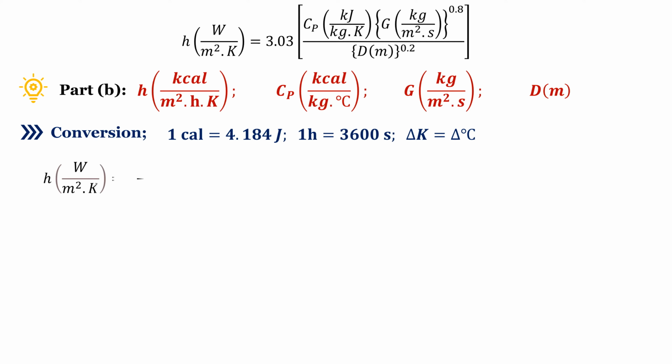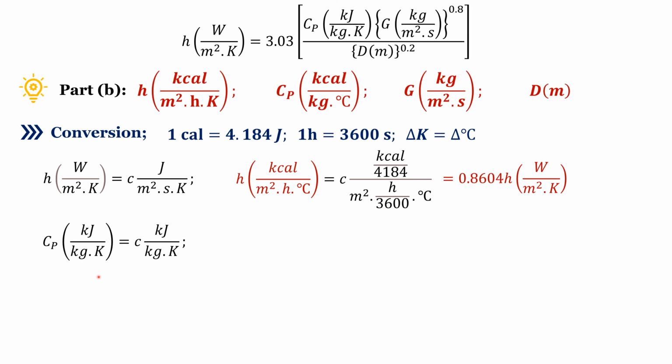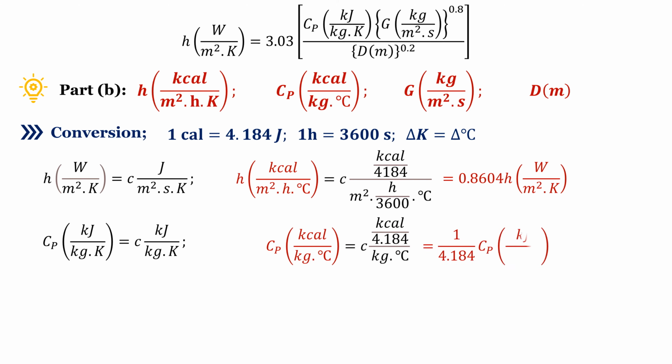So these are the conversions, and we will assume h equal to some constant, then we will convert this unit to the desired unit, and we can establish a relationship for h which correlates the different units. Now in the same way we will assume Cp equal to some constant and convert this unit to the desired unit. So again we got a relationship for the Cp.